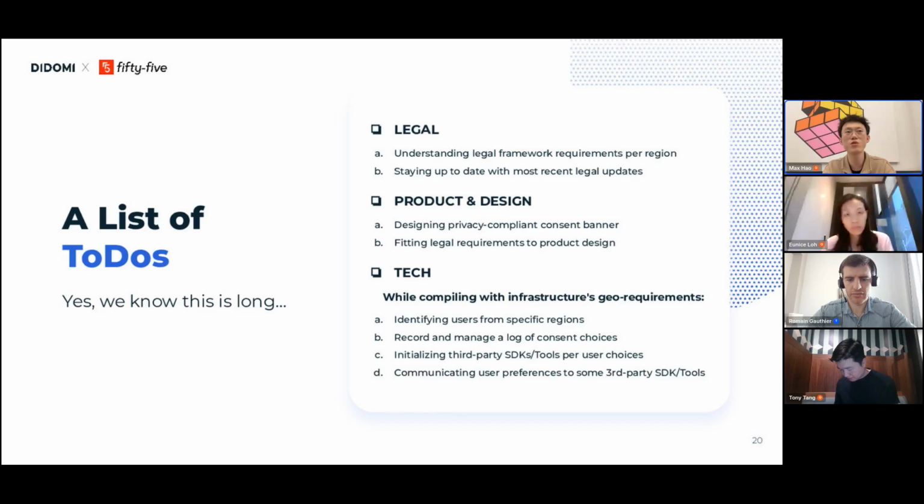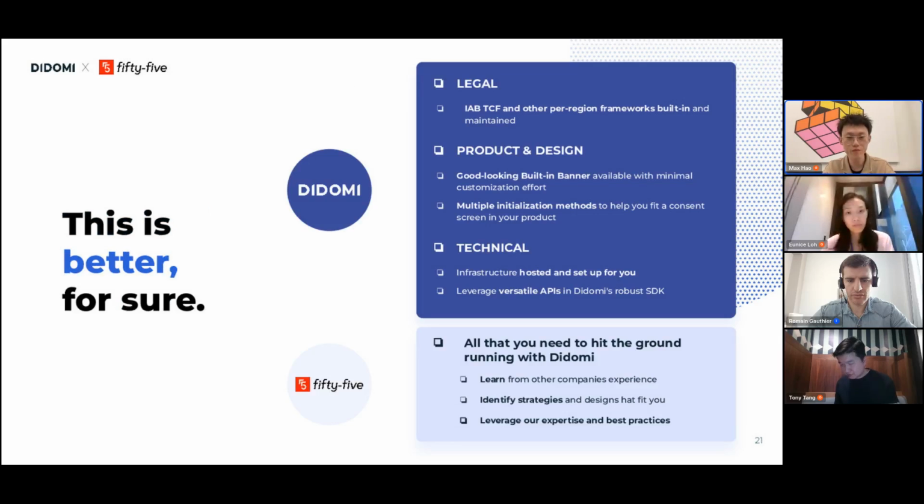So that seems to be a long and somewhat dreadful to-do list, right? And I'm skipping the multi-team cooperation and communications. So is there a better way? And the answer is yes, there is.